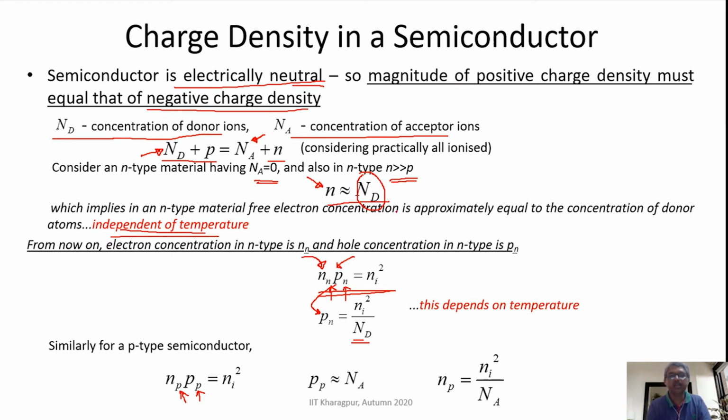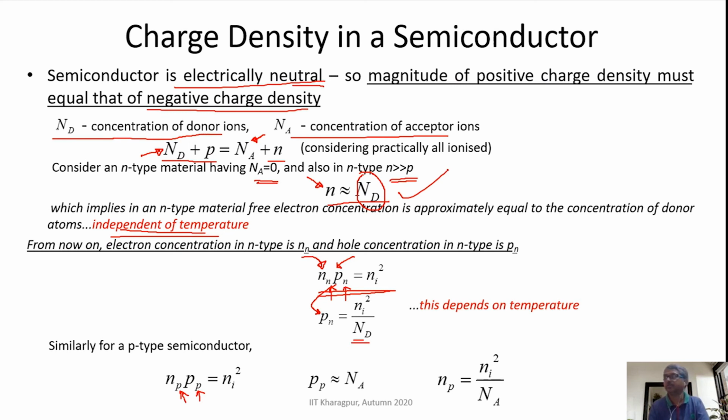So Nn is nearly equal to Nd. So we can find Pn, that is the minority carrier concentration. In this case, the minority carrier is hole, that is ni square over Nd. And that number of holes is much smaller compared to that of electrons.